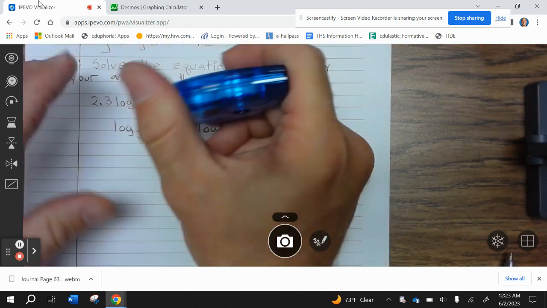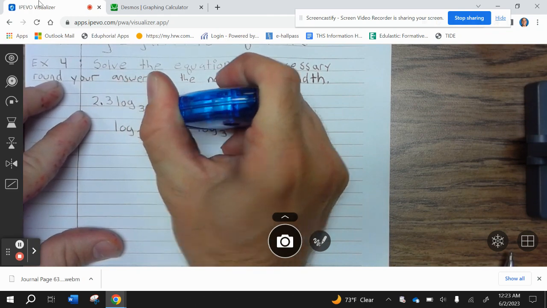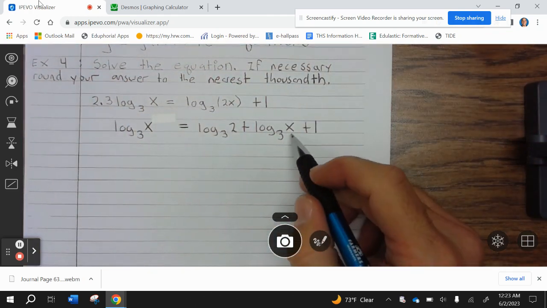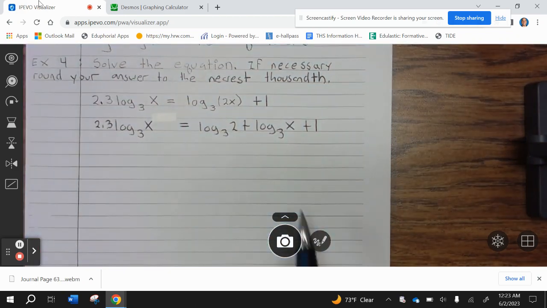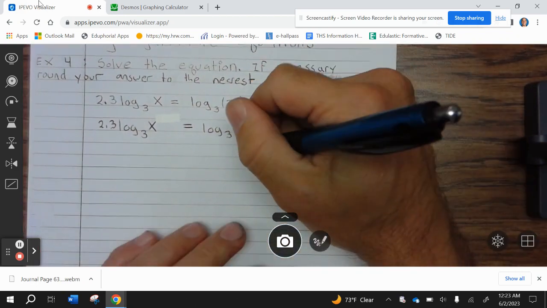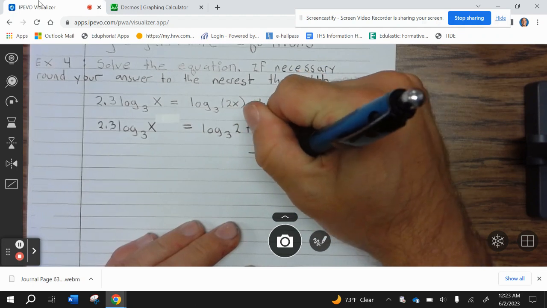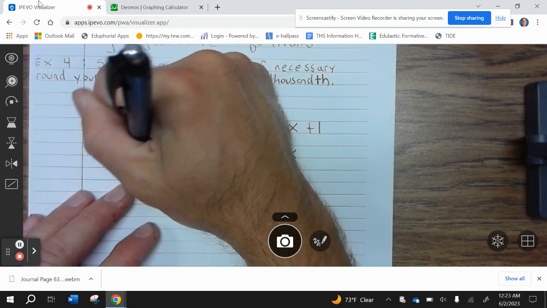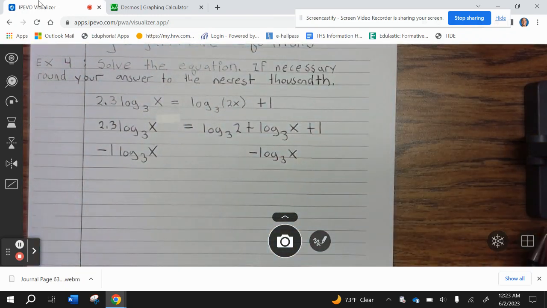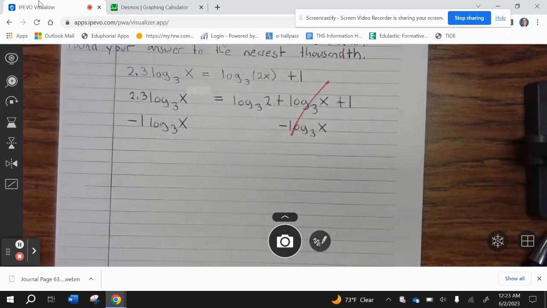Now, I think I was preempted by moving that. Let's go ahead and move that back, because I notice that I have a log base 3 of x. So if I move the 2.3 back, I can subtract these. So I'm going to subtract 1 log base 3 of x on both sides. That cancels.